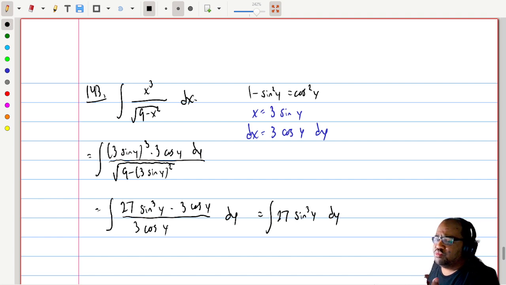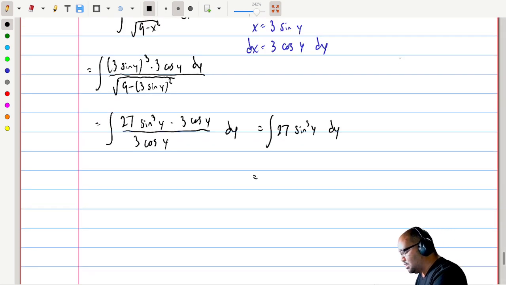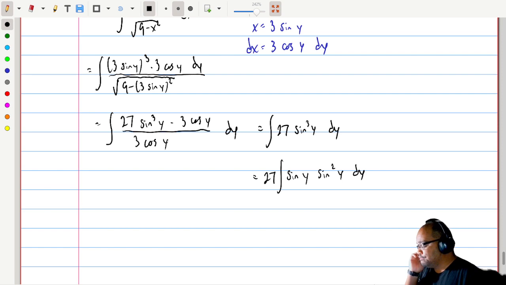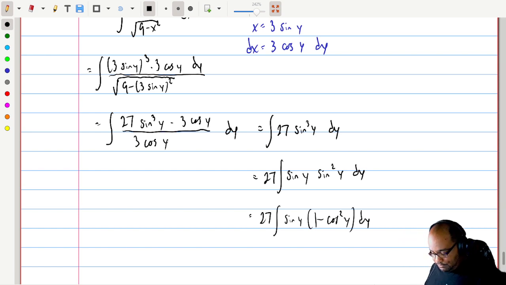So the trick for this one is I want to peel away one sine. So I'll show this one here. I'll pull the 27 out first. I'll peel away one of the sines, and the remaining sine squared y, I'm going to write as 1 minus cosine squared y. All right.